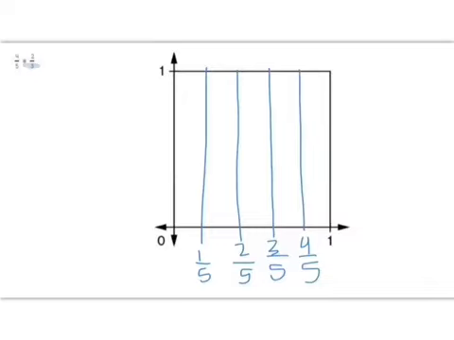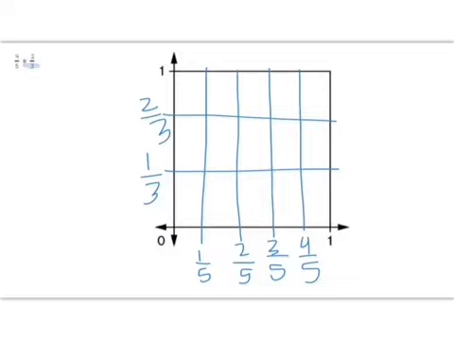Okay, and then with the thirds, it's okay if they're not perfect thirds. 1/3, 2/3, and then we're going to go out. So the 4/5, we're going to start at 0, go all the way to the 4. Then we're going to go up 2/3, start here, go up, and finish out our rectangle and shade everything in.